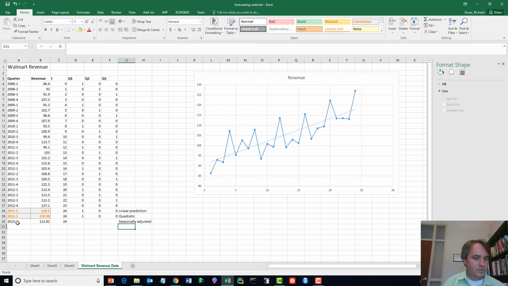This one is going to be our winner, based on that adjusted R-squared. This is going to be the best, most accurate prediction. So 112.82, and we see that it is going to go down, and that's because it's the first quarter.